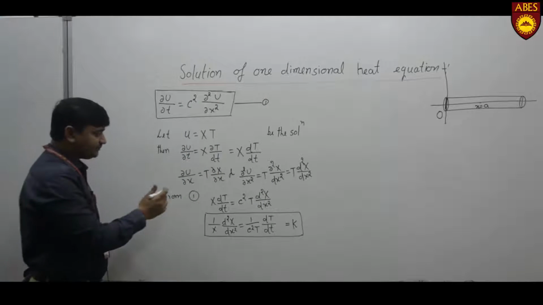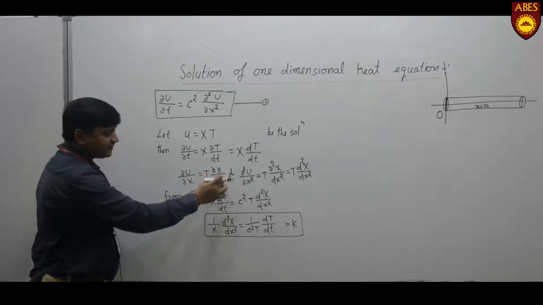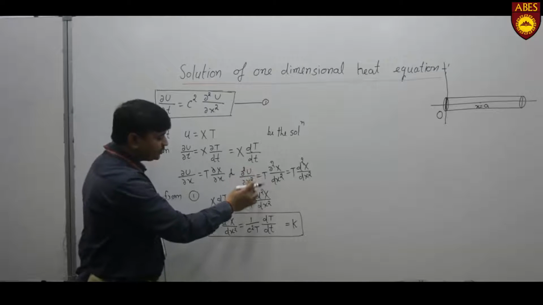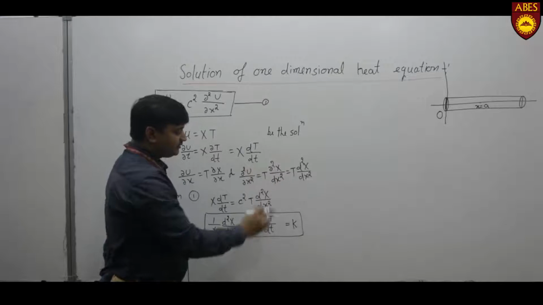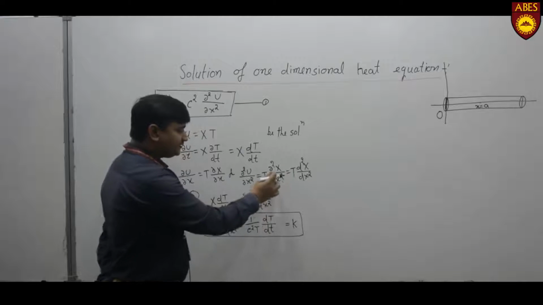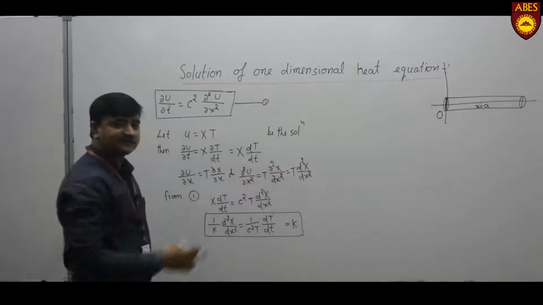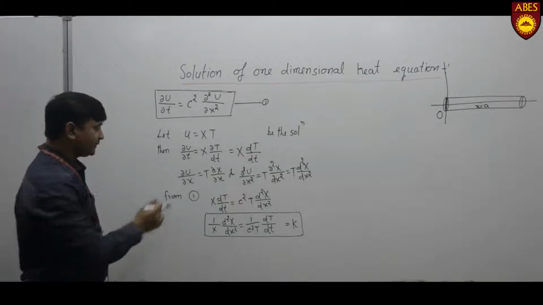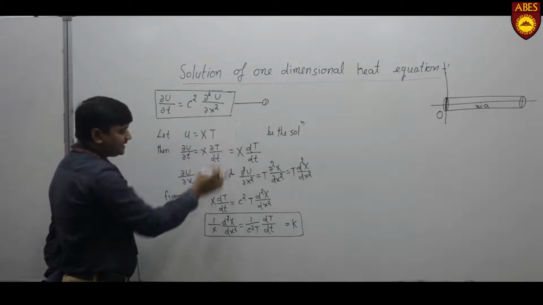In a similar way, we find ∂u/∂x, we get T dX/dx, and differentiating one more time partially, we get ∂²u/∂x² as T d²X/dx². Again, we write d instead of ∂, as capital X is also only a function of small x.